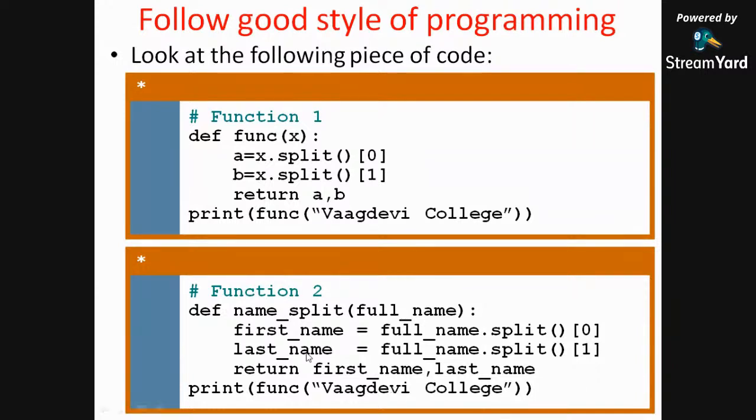In the second case you can easily understand: oh, I have written this function for splitting the name. If I have a name, I am dividing it into first name and second name. This is the code for this function. That way you can understand at any point of time if you define the function this way. Clear? Is it okay?